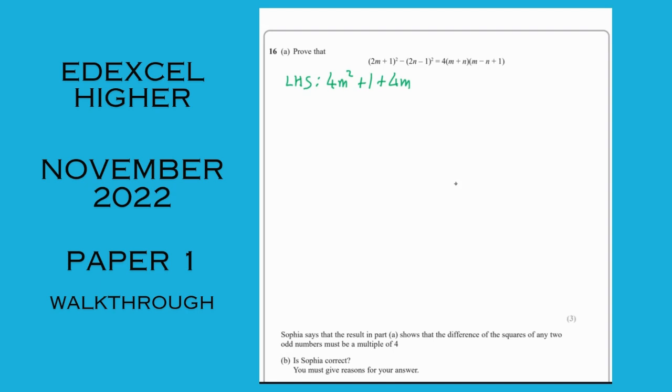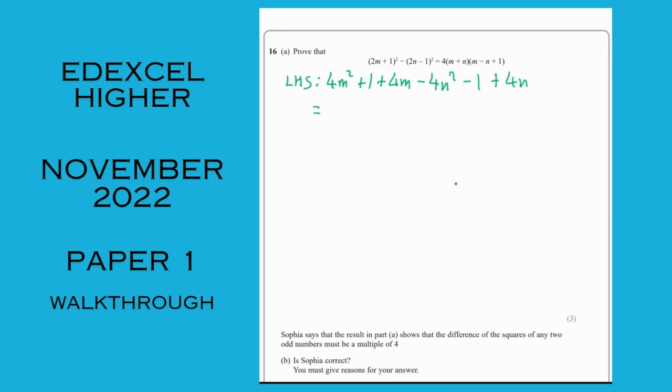So square the first, so we've got minus 4n squared. Square the last is positive 1, but it becomes negative 1. Multiply them together is negative 2n, but double it is negative 4n, but we've got to change the sign, positive 4n.